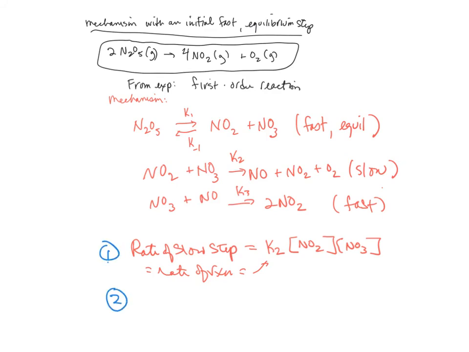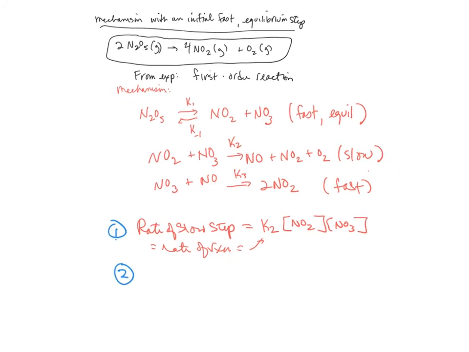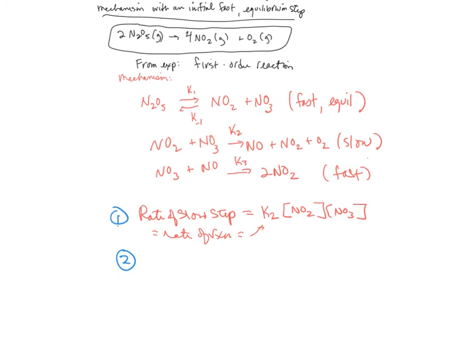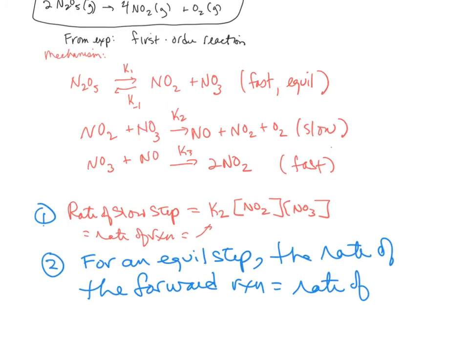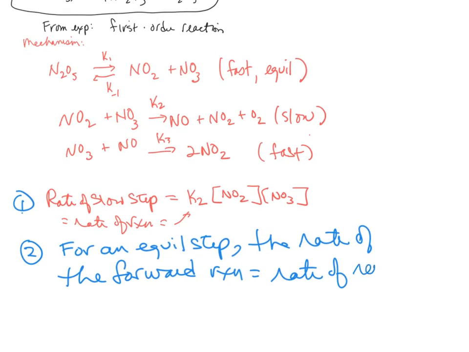There's another rule that we need, and that rule is that for an equilibrium step, mechanistic step, the rate of the forward reaction equals the rate of the reverse reaction.